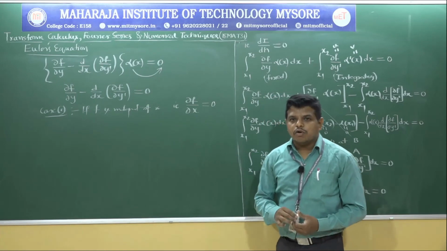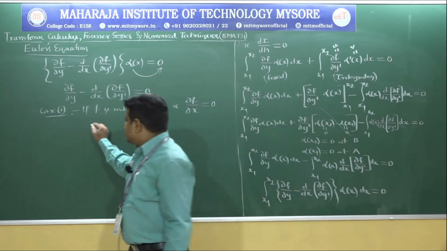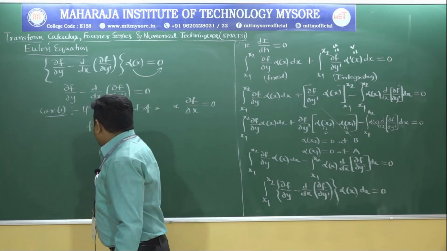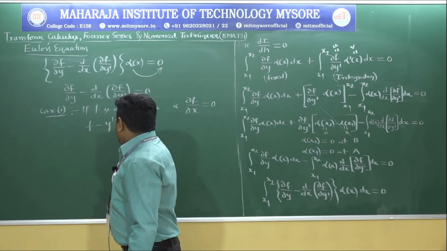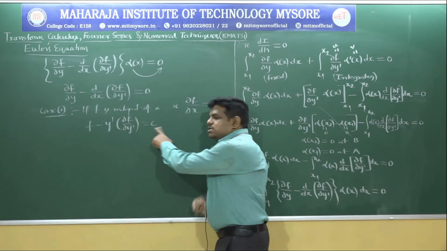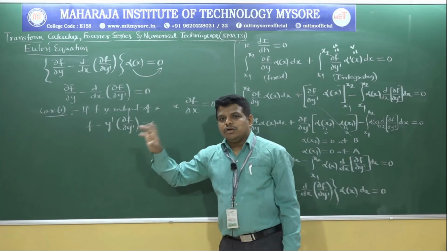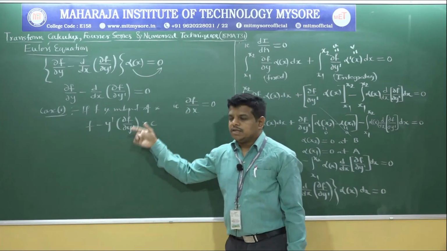Then the solution of Euler's equation is given by f minus y dash into ∂f/∂y dash equals c, where c is some constant. You don't have a derivation for this, you need to remember only the formula.